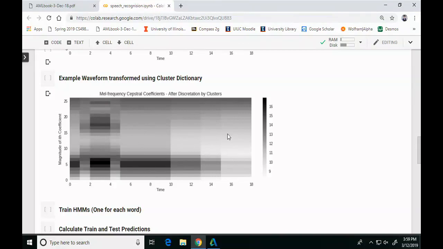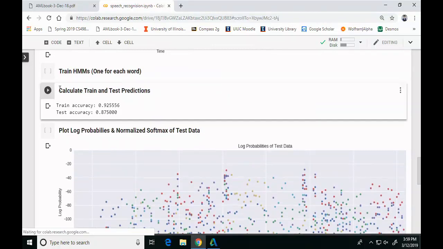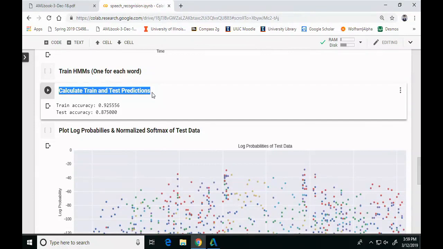So we can figure out the probability of a speech waveform matching each one of these words, each one of the HMMs that we created. We created 10 HMMs, and here we can see the train and test probabilities after creating them. I took 10% of the data.